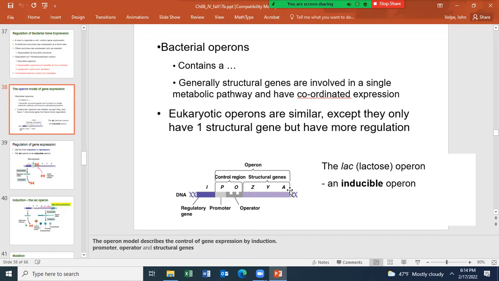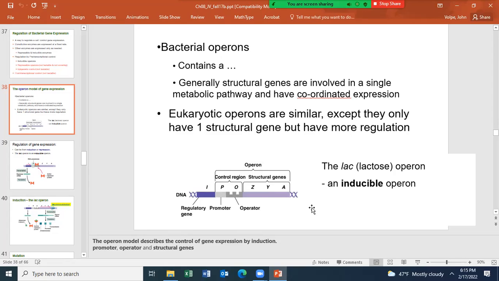Okay, any questions about any of that? If not, let me state that the lac operon, which we're talking about, is an inducible operon. The gene is normally turned off, but it can be induced to be turned on.